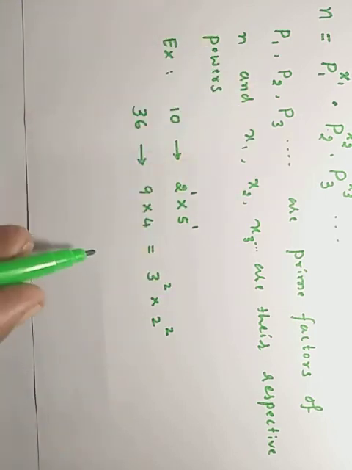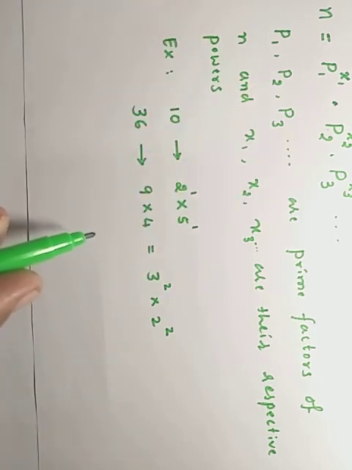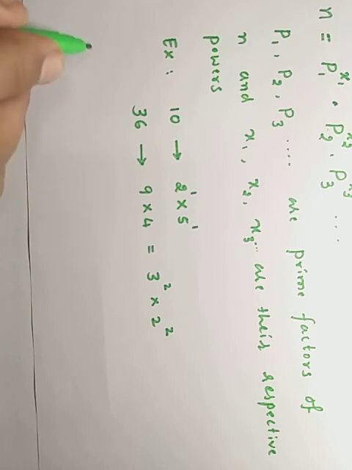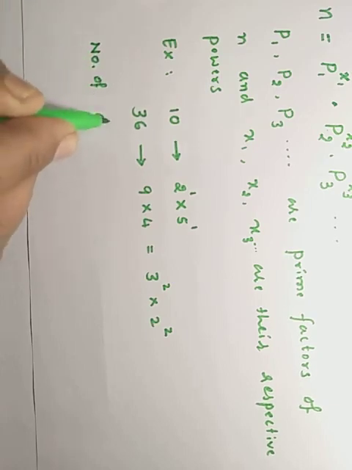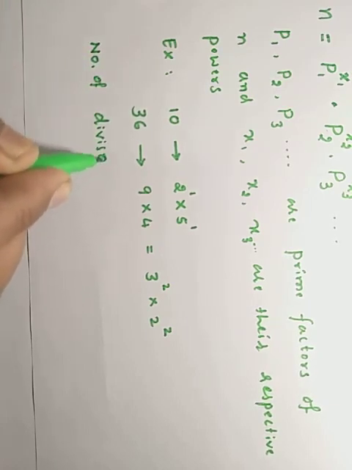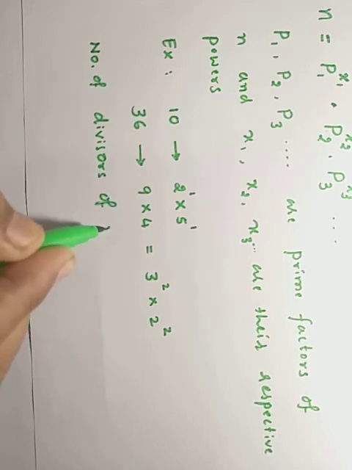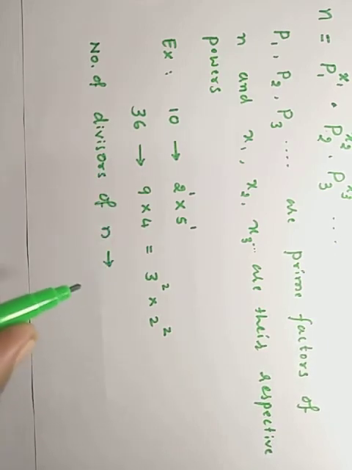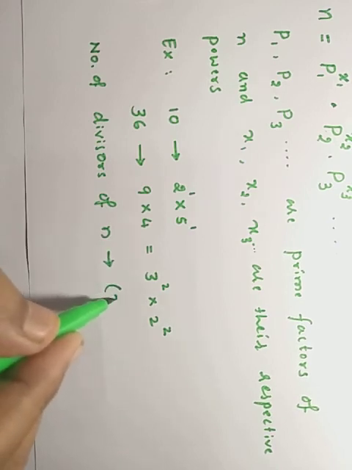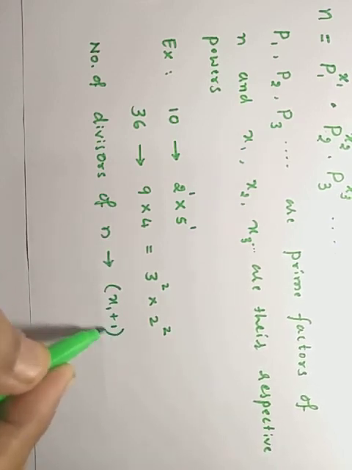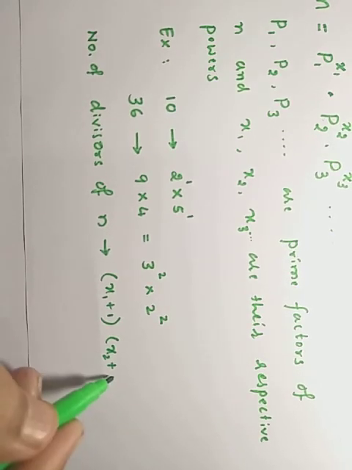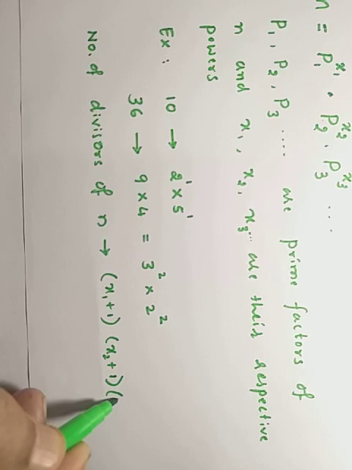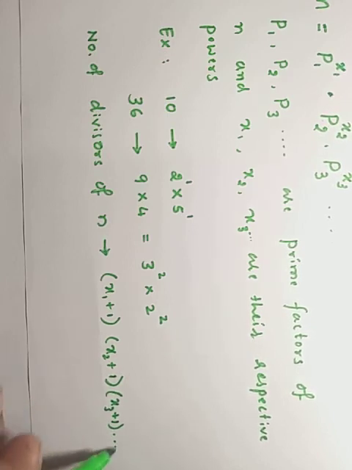If it is like this, then we find the number of divisors. Now we will come to conclusion on this discussion. Number of divisors of given number n is equal to x1 plus 1 into x2 plus 1 into x3 plus 1 and so on.